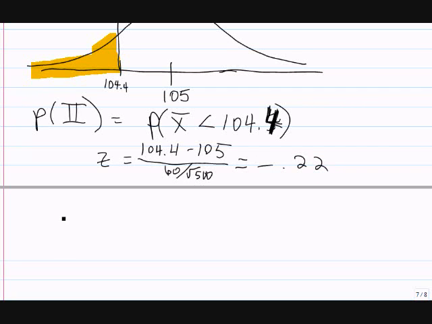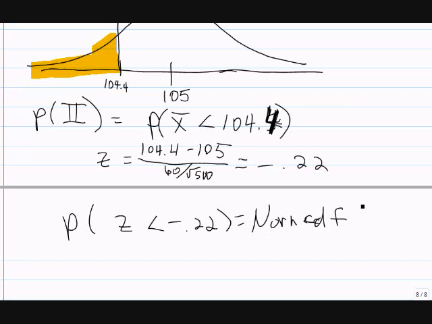So now I want to find the probability that I'm in this yellow area over here. So my z is less than negative 0.22. I do that with a normal CDF from negative infinity up to negative 0.22.